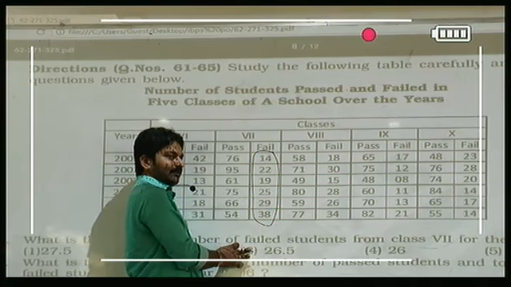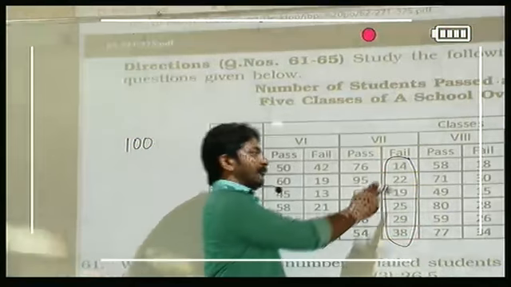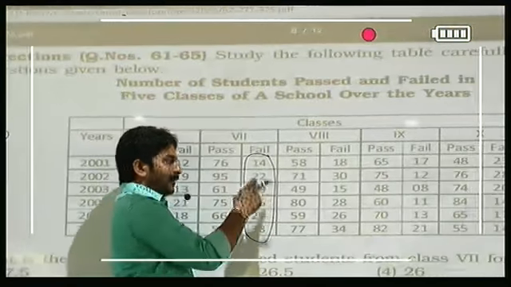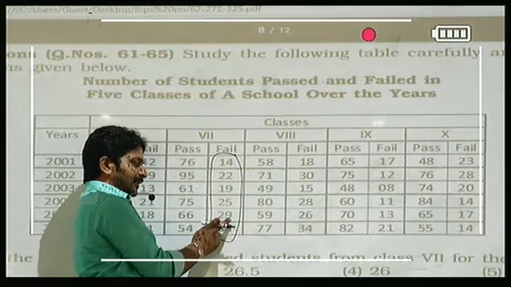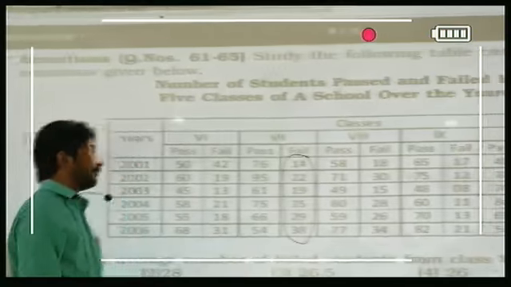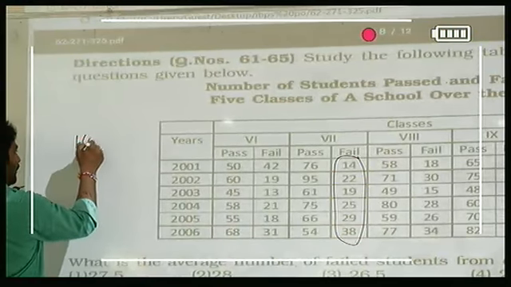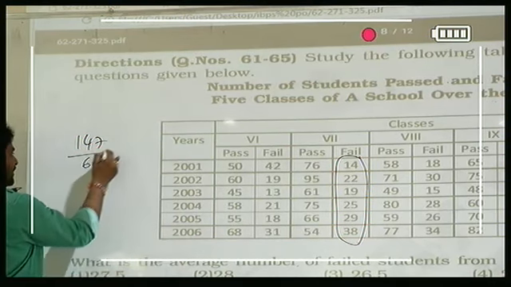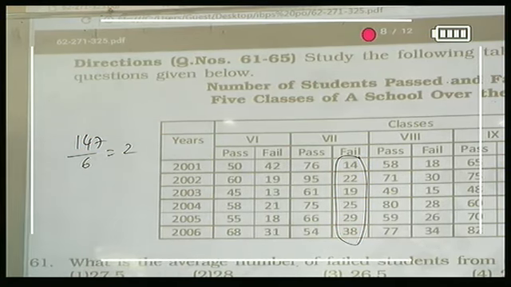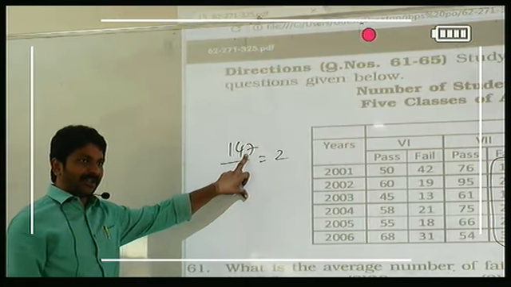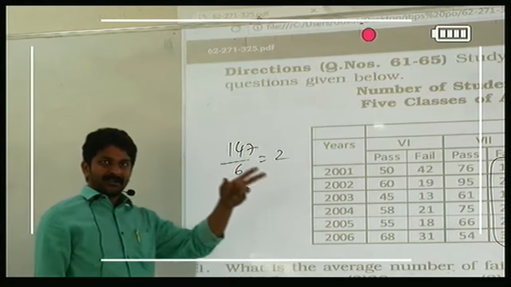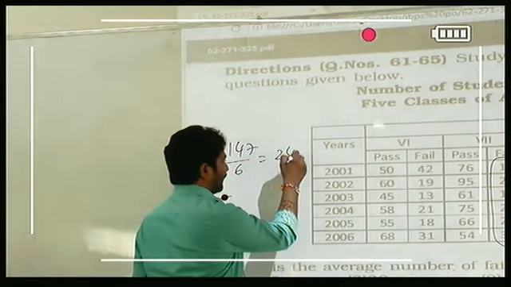Just remember, 110. Write 100 and start with 10. 14, I am taking 10 plus 4, 14, 16, 25, 30, 39, 47. So that is 147. By how many years? 6 years. 625 is 150. This is 3 less than 150. 3 in the sense half of 6. 25 minus half, 24 and half.